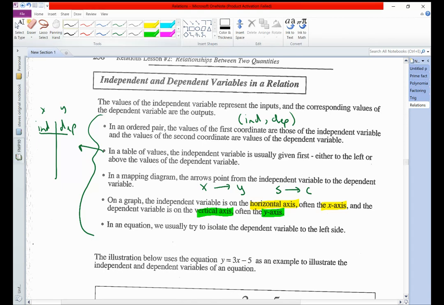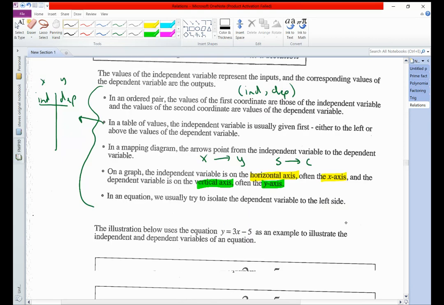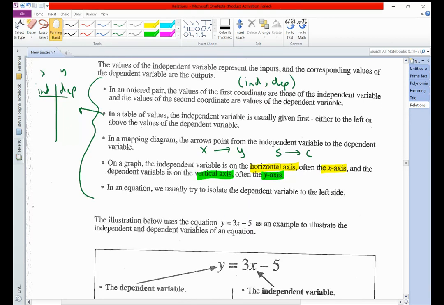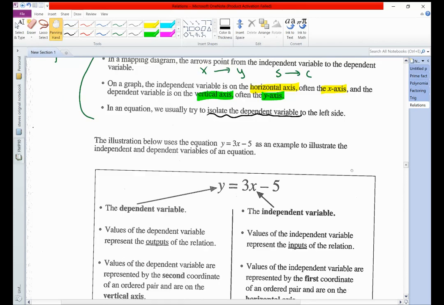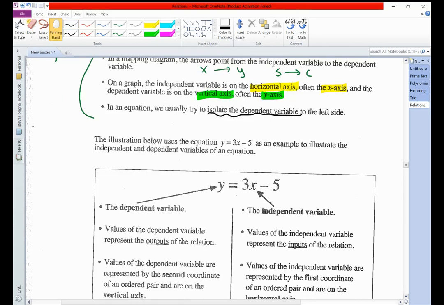And then we've seen all of that on the last page, but in an equation, this is where it's a little bit new, or we haven't seen an example: we try to isolate the dependent variable. That means we try to get it by itself. So here's an example where we use y's and x's. So y is the dependent variable, and it's by itself.